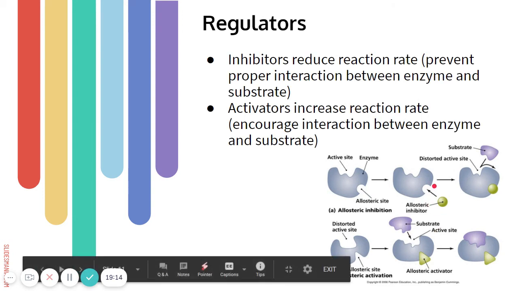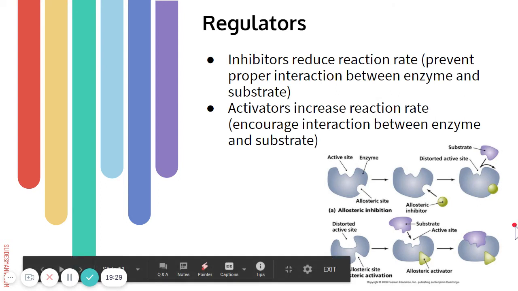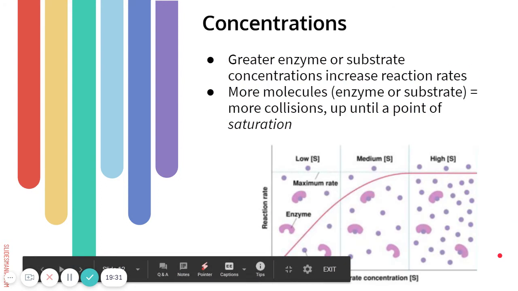Some activators block the inhibitor binding spot so that the inhibitor can't come in and reduce the rate. So activators can do a couple different things, but the main point is that they're increasing the reaction rate. Okay, so that's regulators.